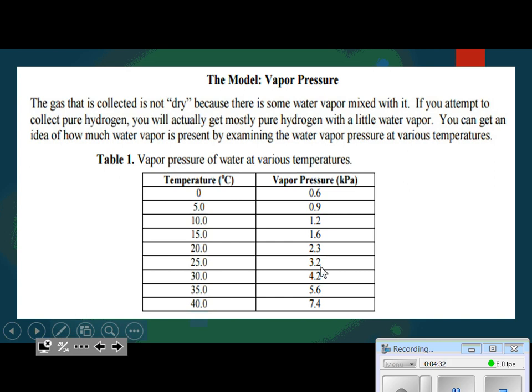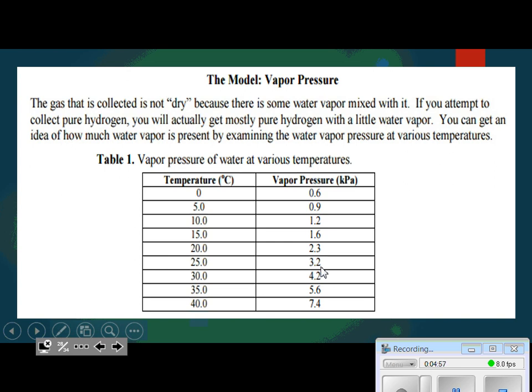Well, if you think back to what we talked about with our gas laws, as temperature increases, you're increasing the kinetic energy of your water molecules. And when water molecules gain kinetic energy, they can start breaking attraction, so they can get away from other neighboring water molecules.